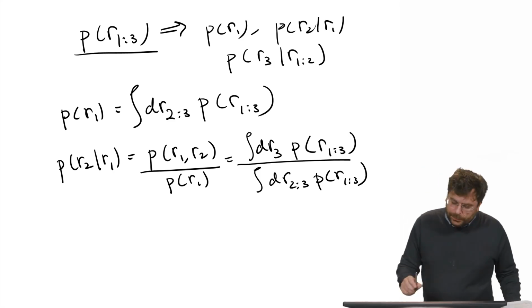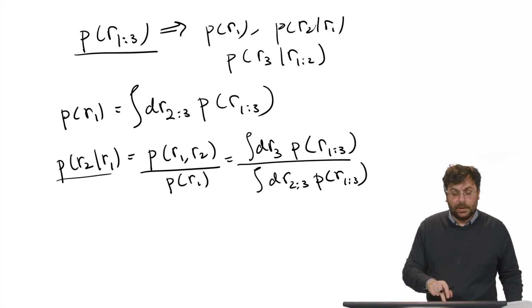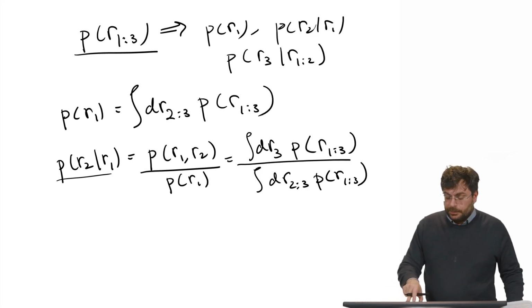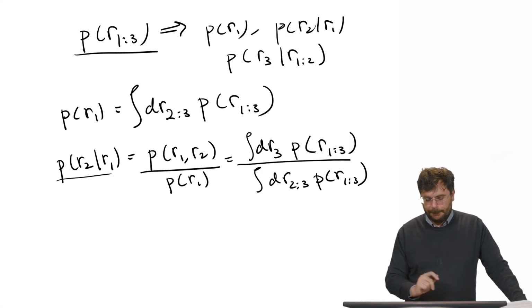So you've noticed now that I've been able to express the conditional of R2 conditioned on R1 as equal to the integral over R3 of P of R1 to 3 divided by this marginal, the integral over R2 to 3 of P of R1 to 3.